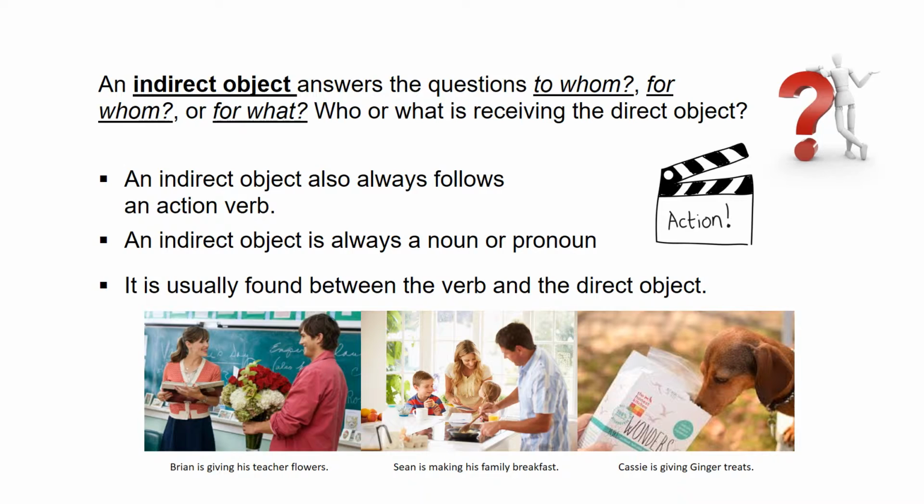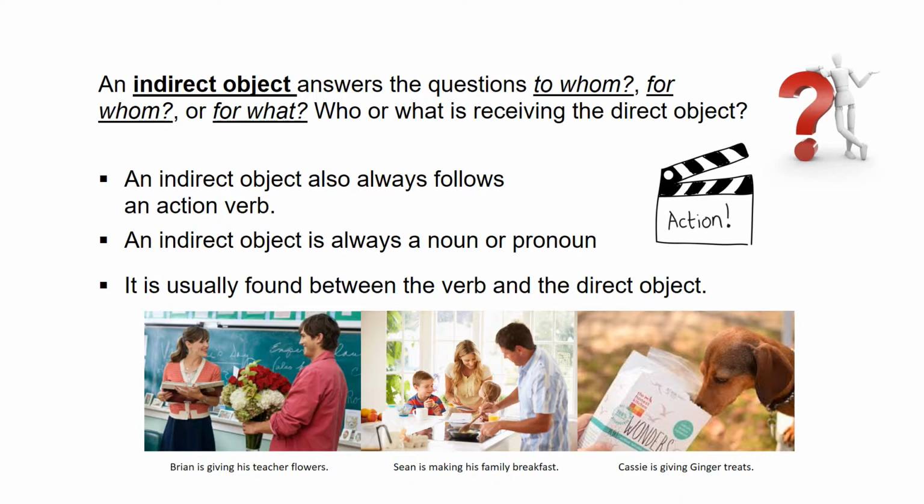So let's look at the first sentence. Brian is giving his teacher flowers. Well, if we're trying to find the direct object, we have to look and see if we can find the noun that comes after the action verb. Brian is giving. Brian is the subject. Giving is the verb. But what is he giving? Is he giving his teacher? No, he's not giving his teacher away. He is giving flowers.